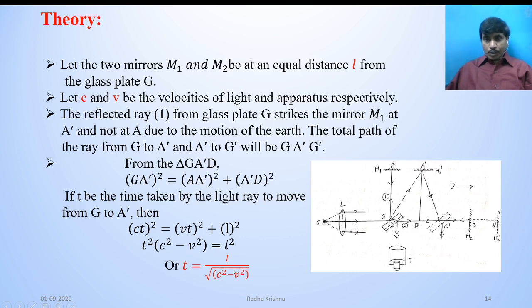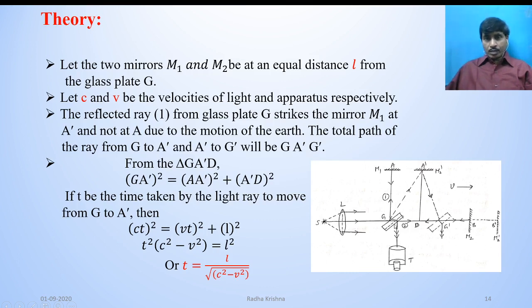If the apparatus is at rest, the light ray travels from G towards M1, reflects at A and moves back to G. But due to the motion of the Earth, the light ray travels from G to A', reflects there, and moves towards G'. The total path of the ray from G to A' and A' to G' will be G A' G'.